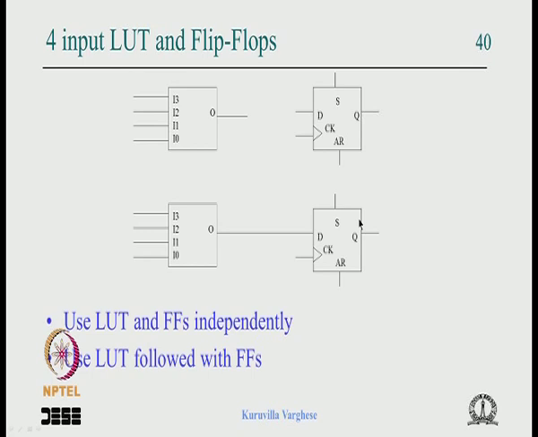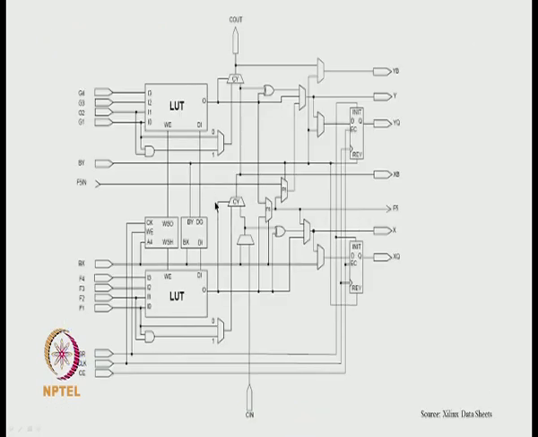So let us go back to the main diagram, and you see this lookup table, there are 4 inputs, 1 output. Now this one output can go through this 2 to 1 mux to the flip flop. So this is combined with this flip flop, or if you don't want that, you can take it directly outside.